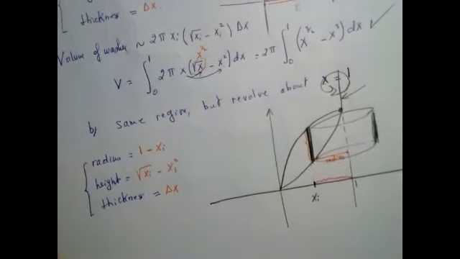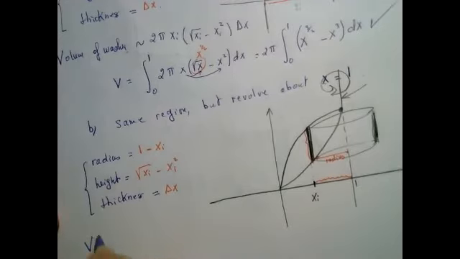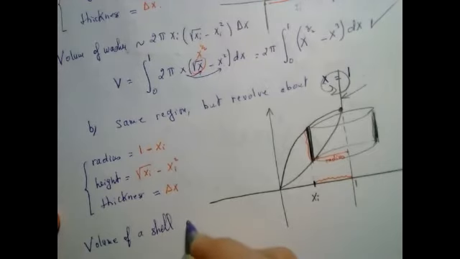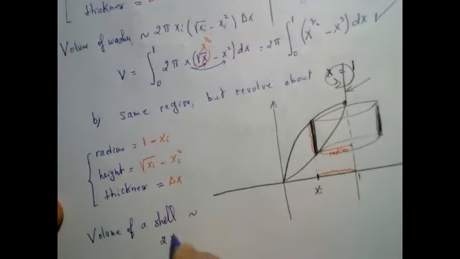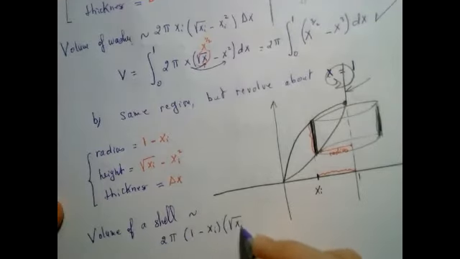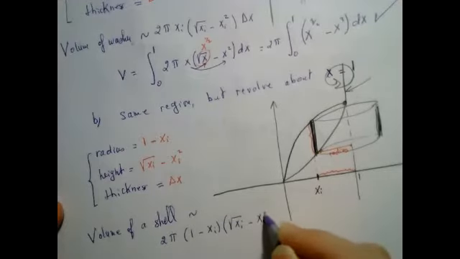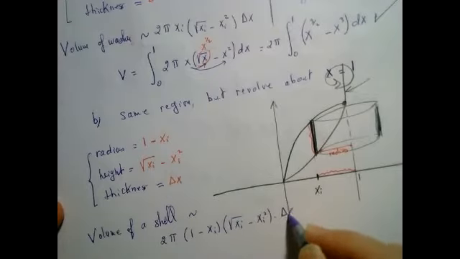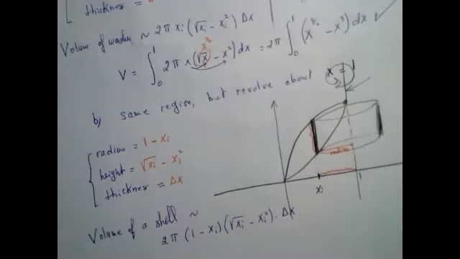Okay. So volume of a shell is almost equal to 2 pi times radius, 1 minus xi, times height, square root of xi minus xi squared, times the thickness, which is delta x.